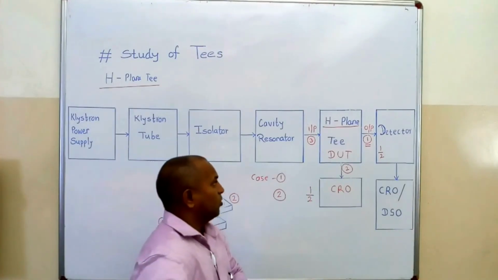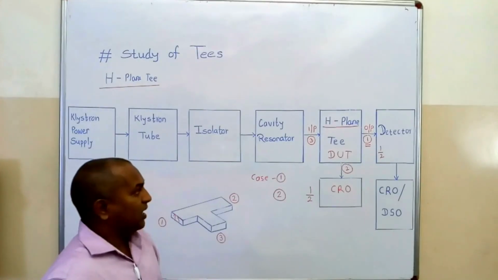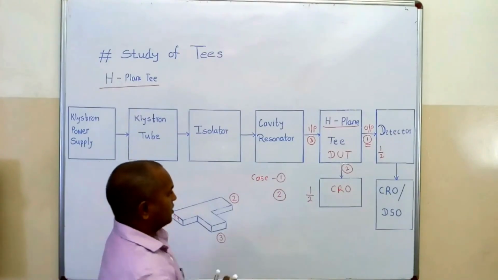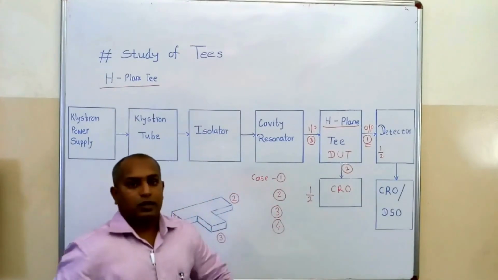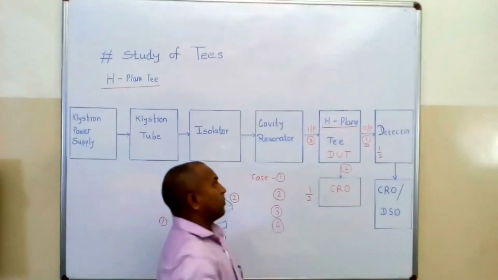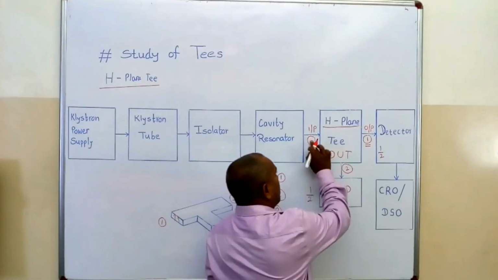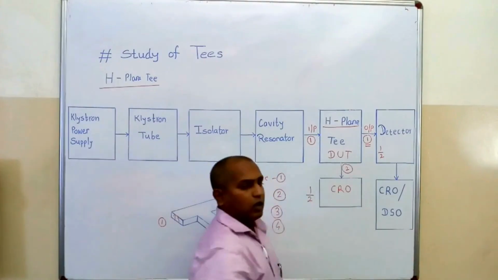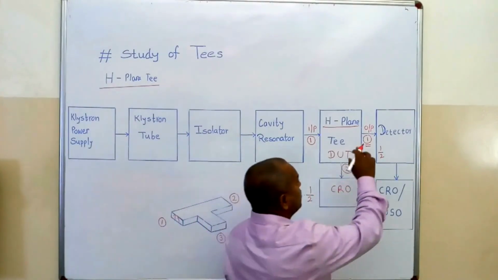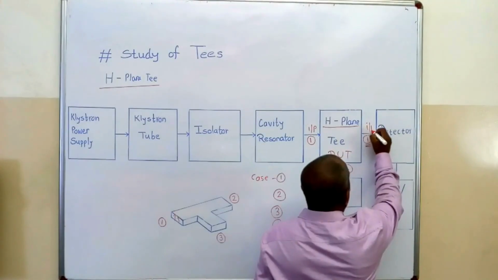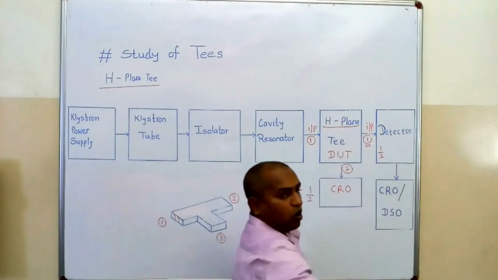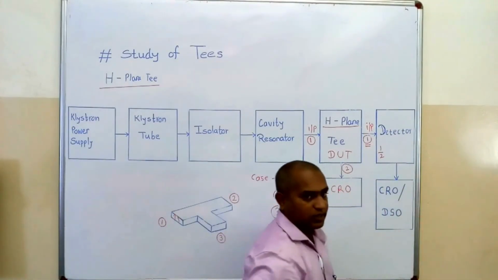Now the last case is case number 4. Already we have discussed: apply the input to port number 1, and apply the second input to port number 2. Here let us assume we are using a second oscillator on the right hand side.